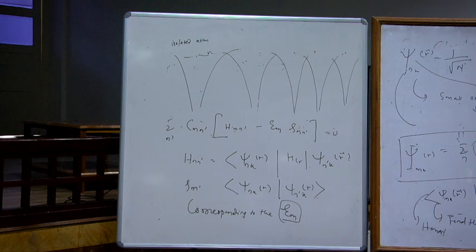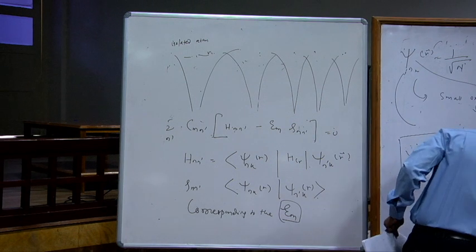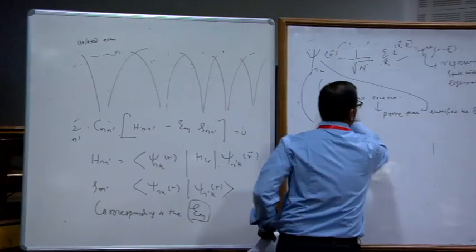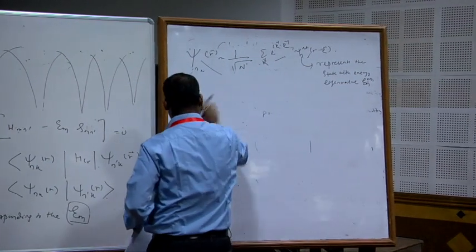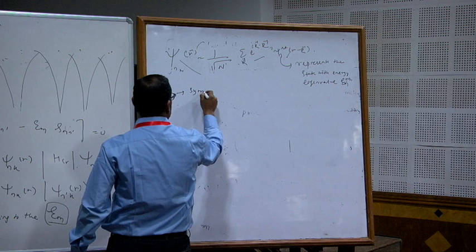Now this presents a beautiful picture. If I have taken my atomic orbitals, then my atomic orbitals have some symmetry depending on L and M. So I am involving one symmetry of the atomic orbital.